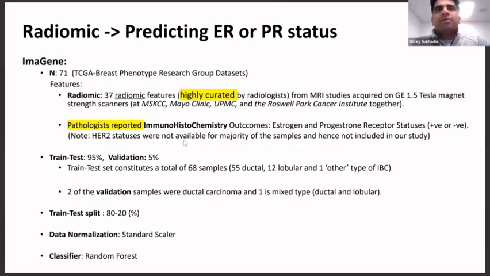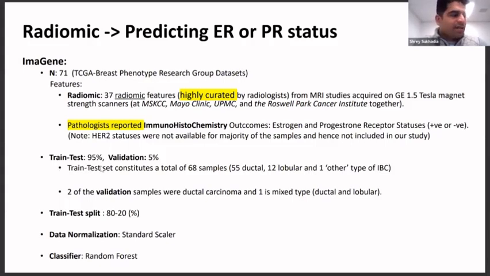HER2 we were not able to use because the majority of the samples didn't have that available, and we had a very small cohort to start with, but a very confident cohort, I would say, because they were repeatedly curated by radiologists to make sure that we are indeed putting in very highly curated imaging features, and these range from texture, intensity, shape, etc.